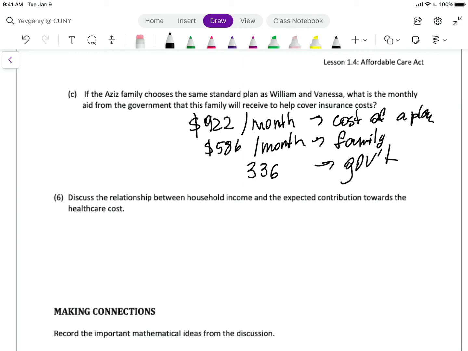Now please understand the Affordable Care Act was, and still is, a provision that would allow everybody to have access to healthcare.